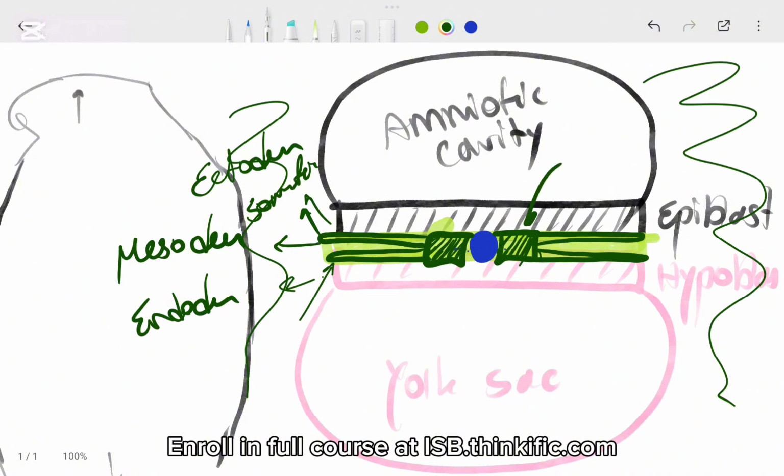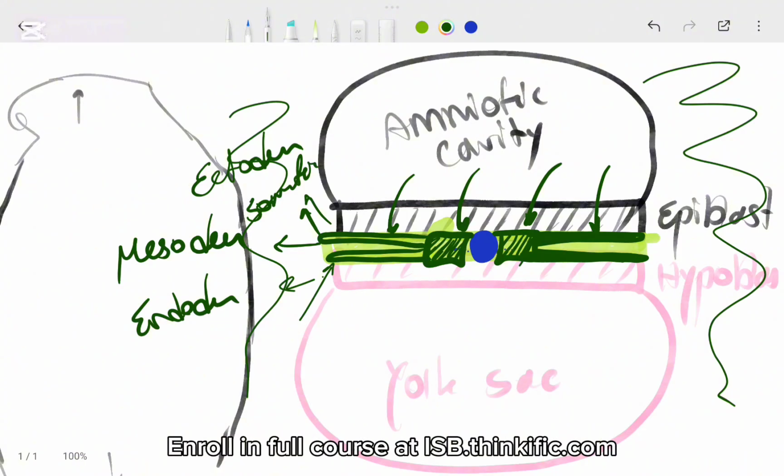Just beside it, there is what? Paraxial mesoderm. And just beside it is, in total, lateral plate mesoderm, which has 2 horns: a wing facing the ectoderm called somatic layer, and a wing which is toward the endoderm, which is called splanchnic layer.